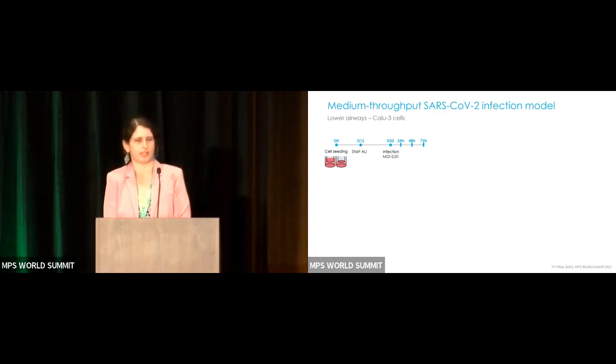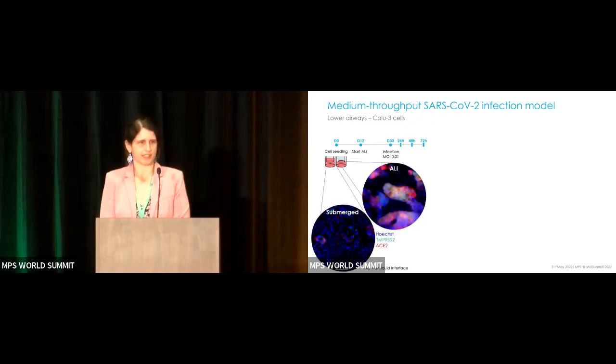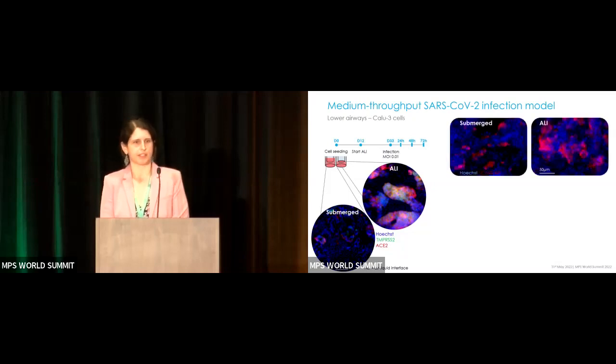What we see is that the Calu-3 cells already express higher levels of ACE2 and TMPRSS2 in an air-liquid interface culture, highlighting the importance of ALI culture for the lungs. However, when we infected these cells, we did not notice a difference in the infection rate between submerged culture and the air-liquid interface culture.